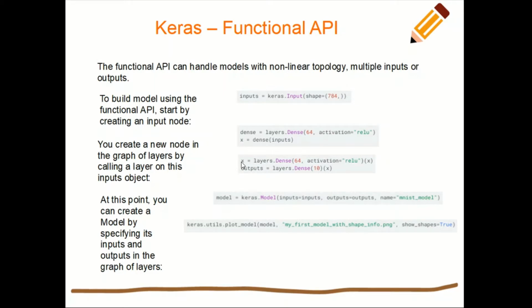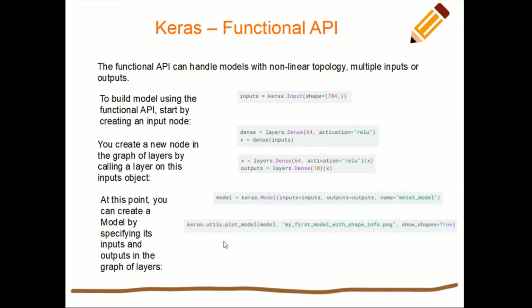We create this layer, pass this output to the next layer, and so on. Finally, in order to create a model, we say keras.Model, and then we declare our input and output. So keras.Model is going to traverse this path from output to input and create a model from it.